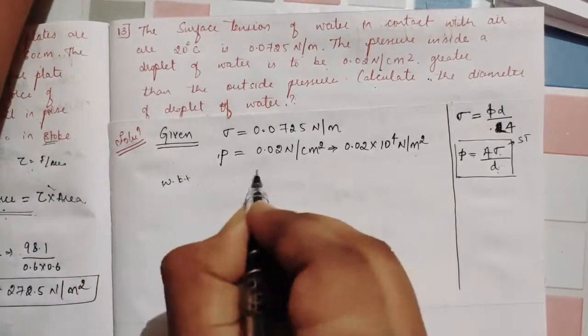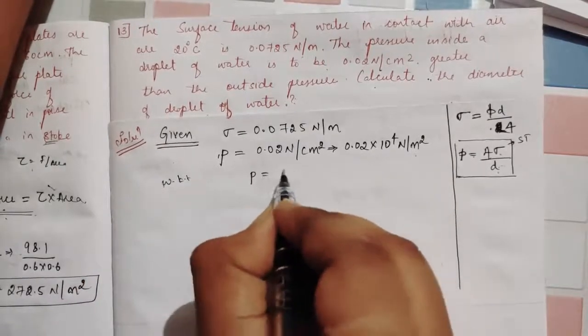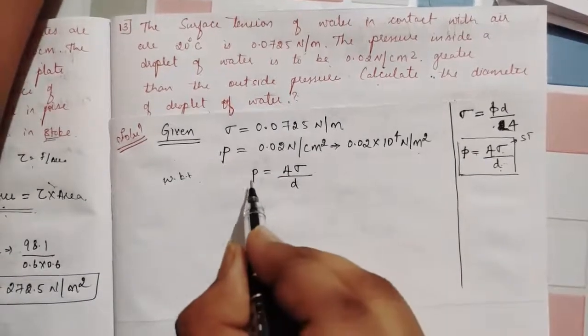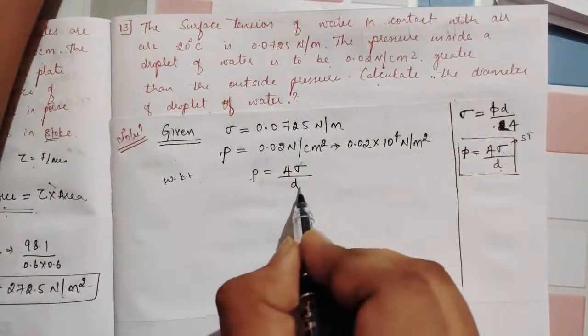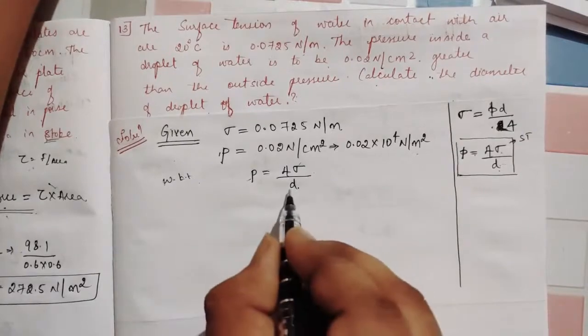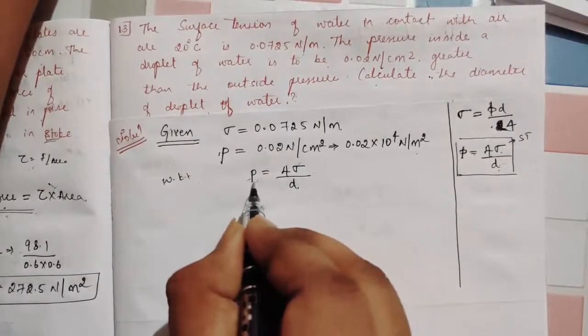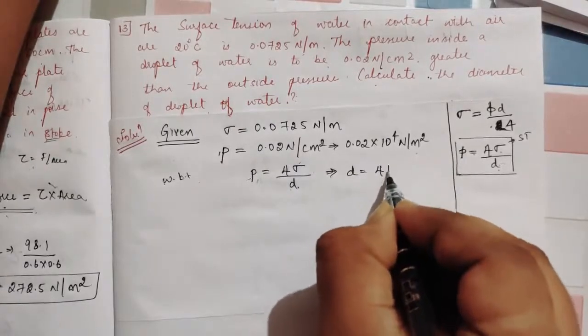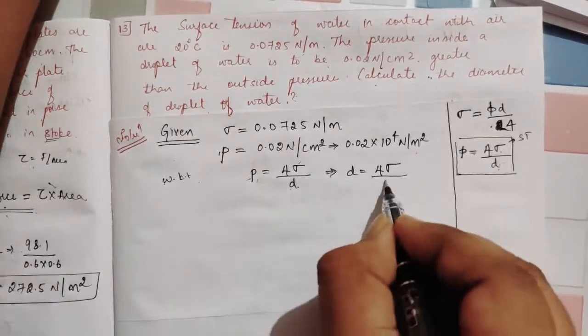We know that this pressure P is equal to 4 sigma by D. We have the value of this, and we have to find D. So I'll send D to this side. This implies D is equal to 4 sigma by P.